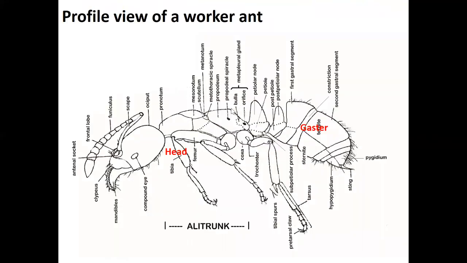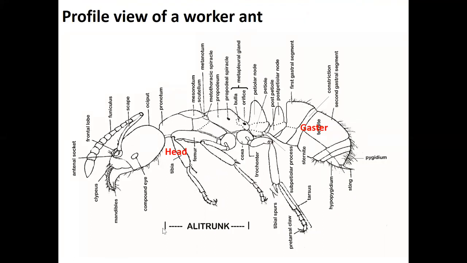When you look at the worker ant in this manner, this is called lateral view or profile. Observe the ant in this view, then you see the following sections, regions. This is the head region.